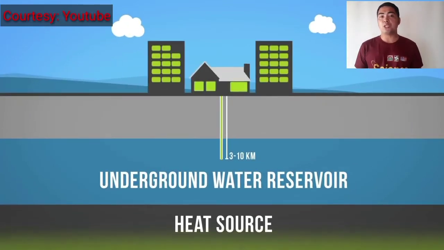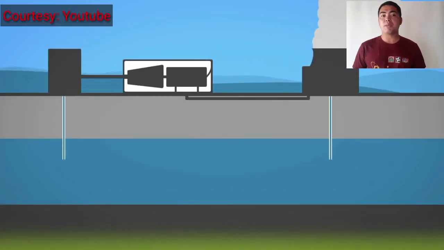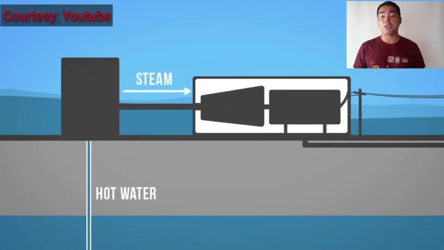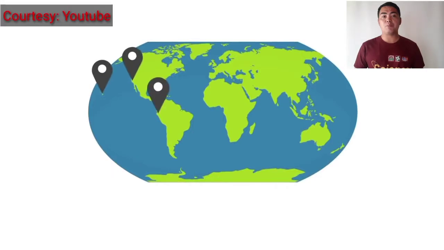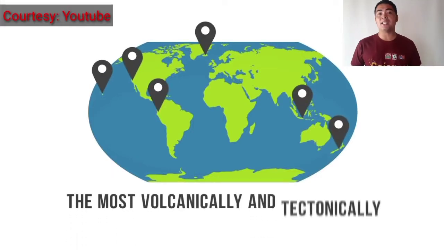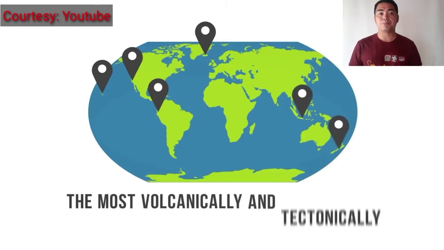Geothermal heat can also be used to produce electricity in a geothermal power plant. Electricity is generated when geothermal heat produces steam that turns the turbines on a generator. The major regions of geothermal development are the most volcanically and tectonically active regions of the world.